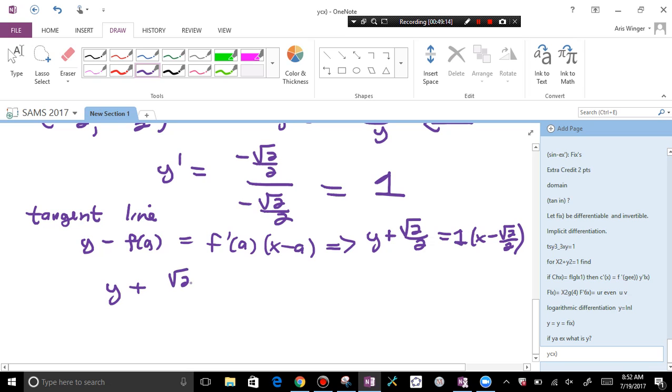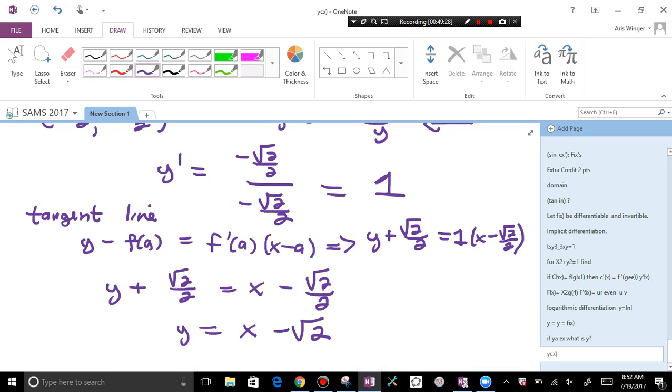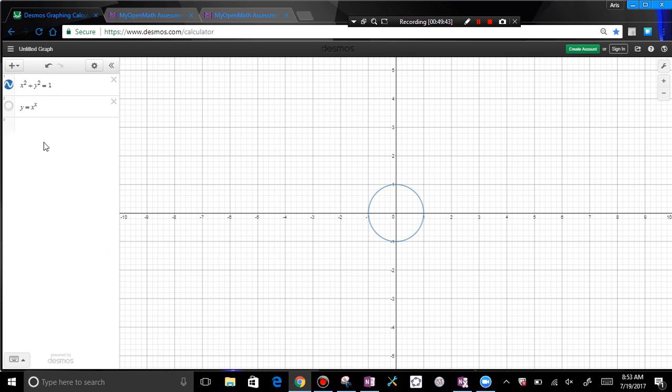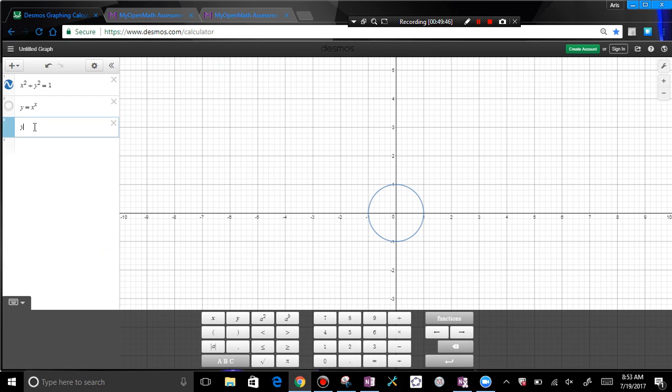Y plus the square root of 2 over 2 equals x minus the square root of 2 over 2. Y equals x minus the square root of 2. We'll graph that. And that should be tangent. Let's see here. Y equals x minus the square root of 2.